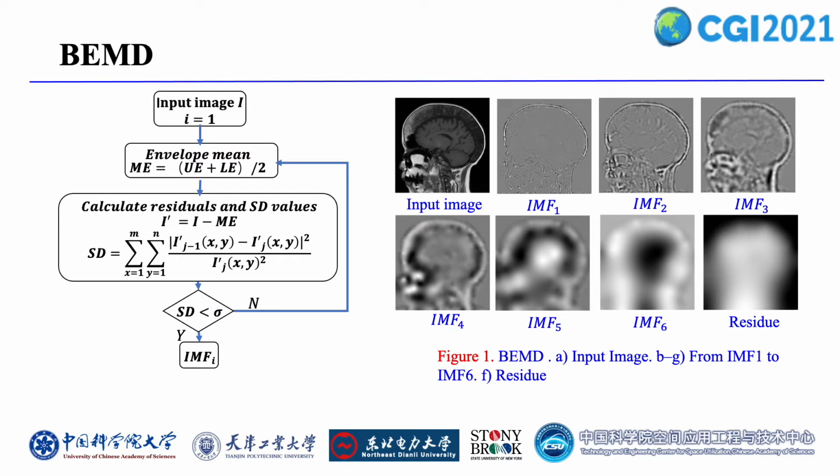The multi-scale decomposition of BEMD makes it possible for our algorithm to detect tampering and protect the copyright of medical images at the same time. Therefore, BEMD is adopted in our zero-watermarking algorithm.